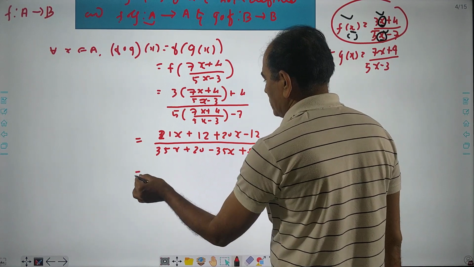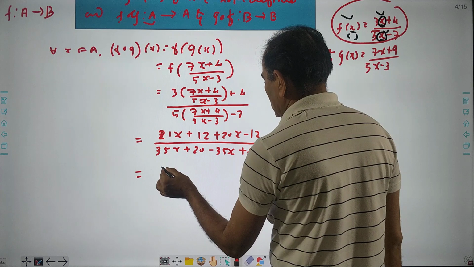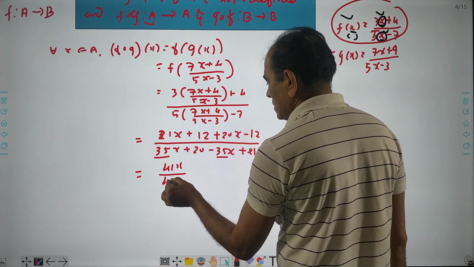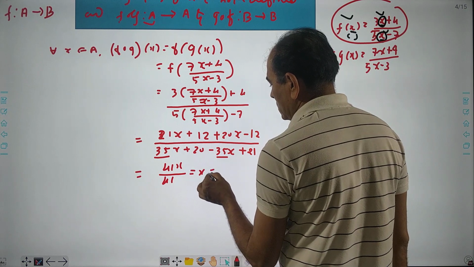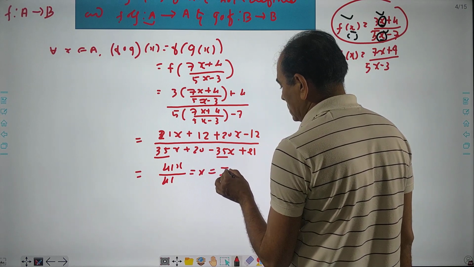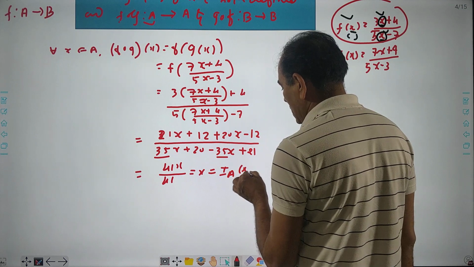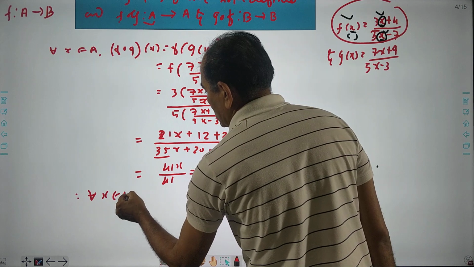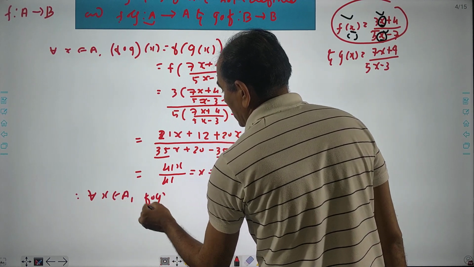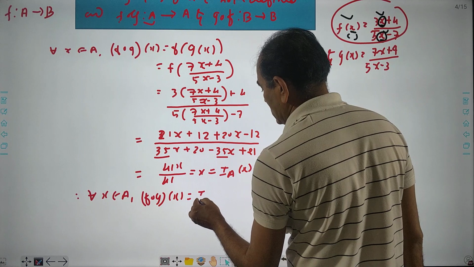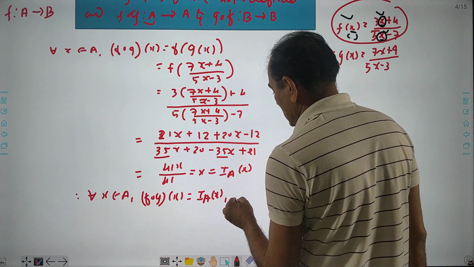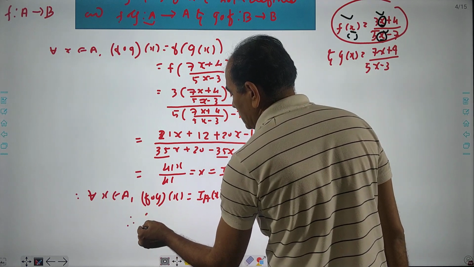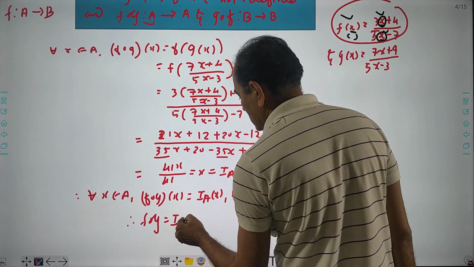Now 12 will get cancelled, that is 41x over 41, cancel 41. That is equal to x. And we can write that as equal to I_A at x. So what did we prove? For all x belongs to A, f∘g at x is equal to I_A at x, and therefore f∘g is equal to I_A.